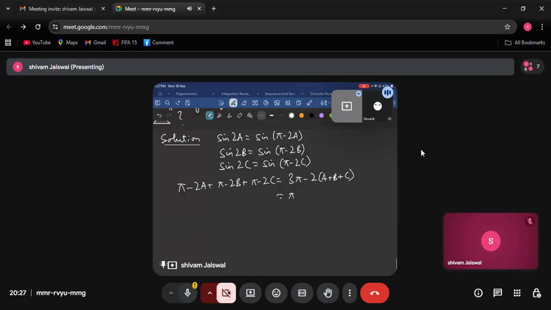Therefore the angles are pi minus 2A, pi minus 2B, and pi minus 2C. Is it clear to everyone? Has everyone understood? Okay, next.